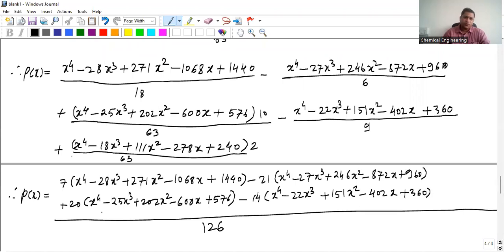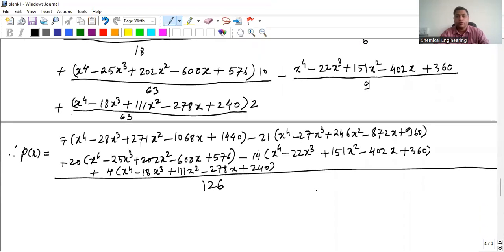Now we can have plus, so again multiplied by 2, so I'll be having 4 here. So it is x raised to 4 minus 18x cubed plus 111x square minus 278x plus 2.